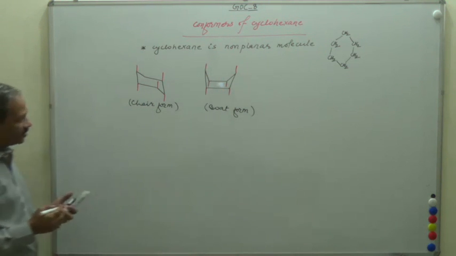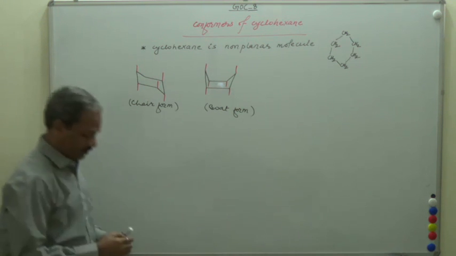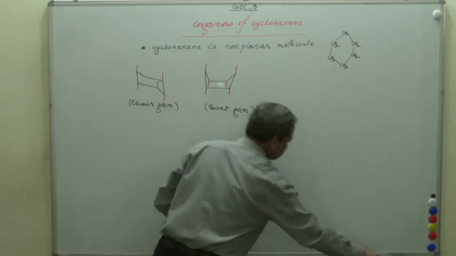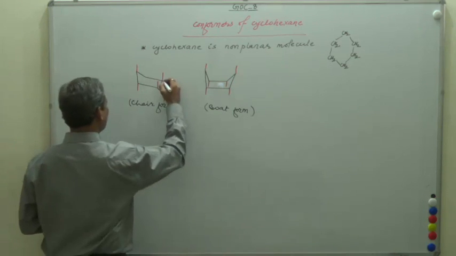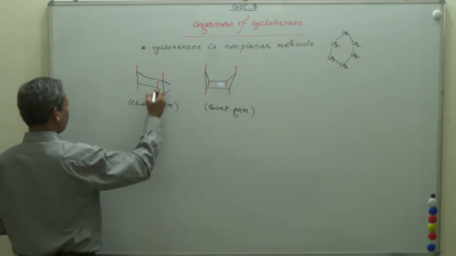All are the axial bonds. And the second type of bond is called equatorial bond.